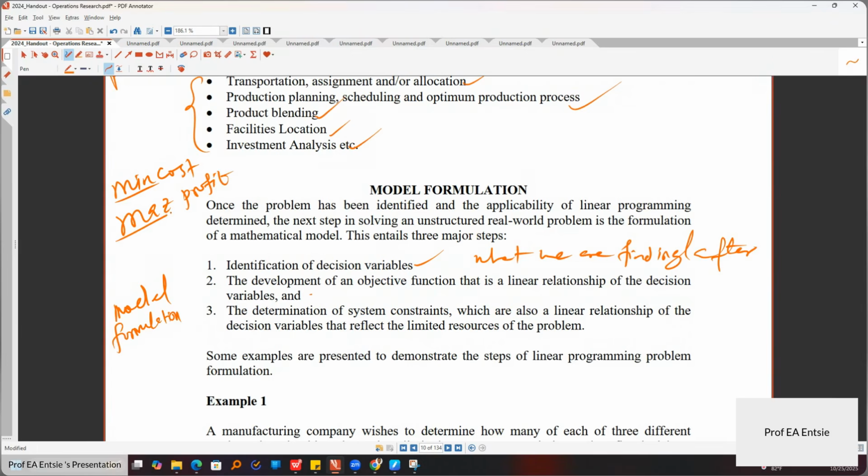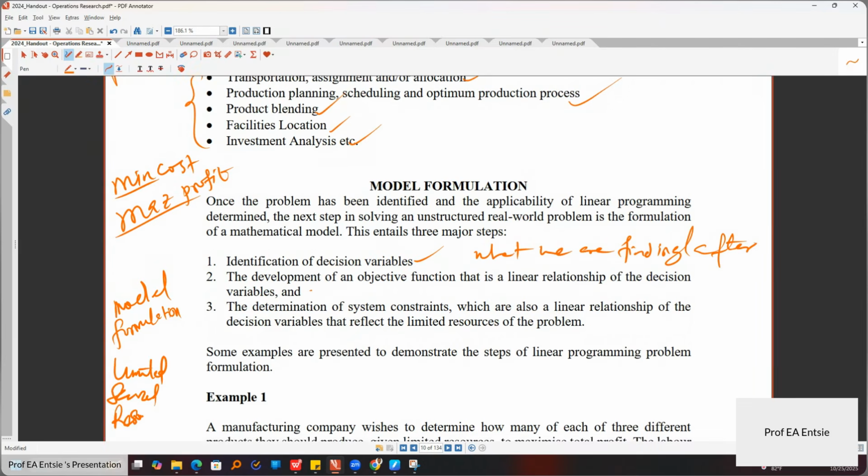That's where the objective function sits. And it's a linear relationship of the decision variables, right? Then we have the determination of system constraints. System constraints are more or less like the limited or scarce resources. This is also a linear relationship between the decision variables, and that reflects the limited resources that are already set.